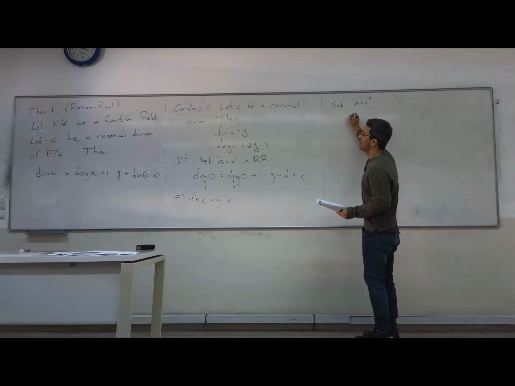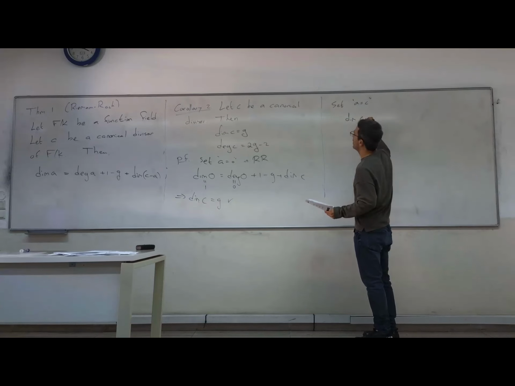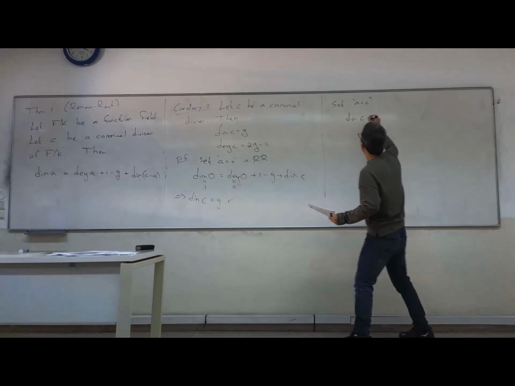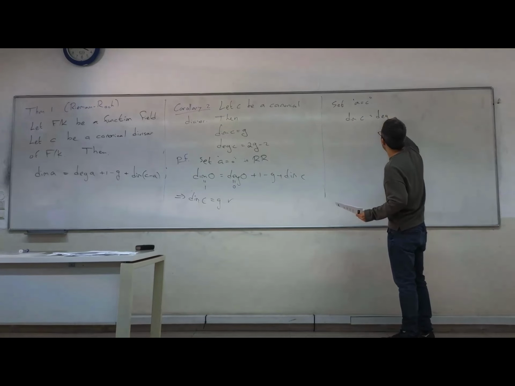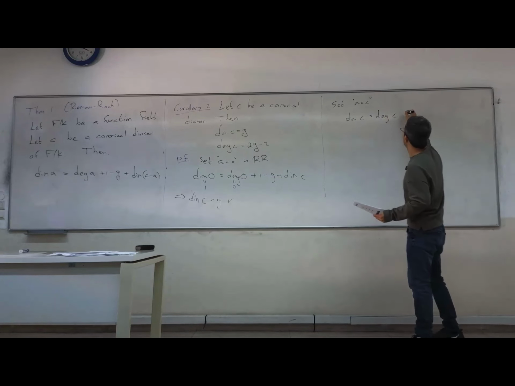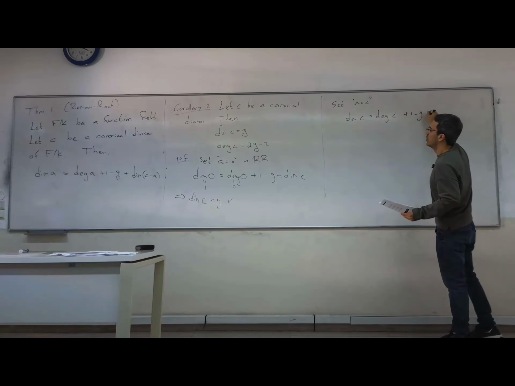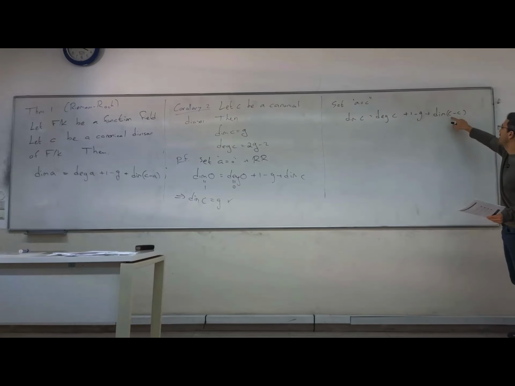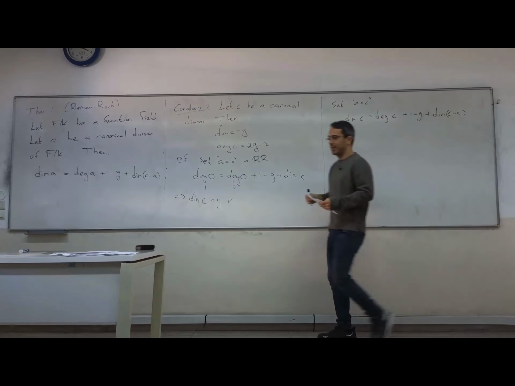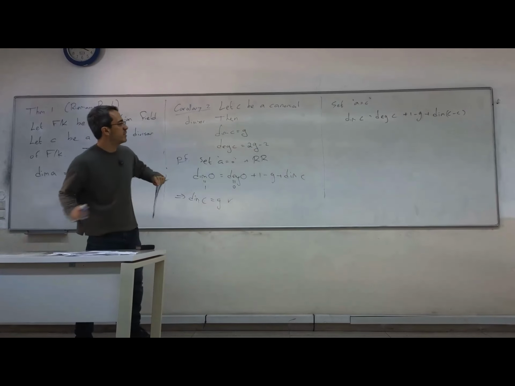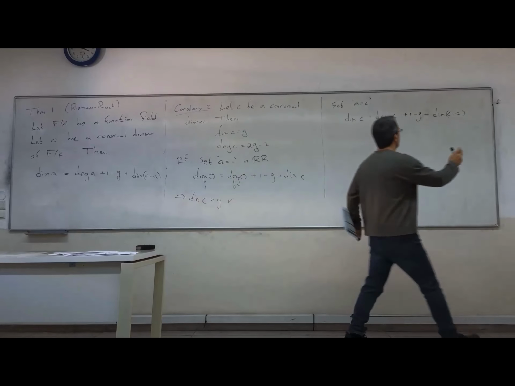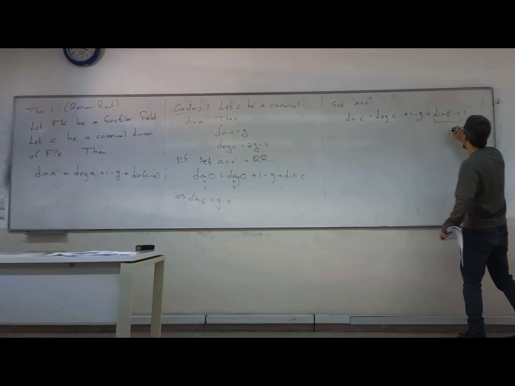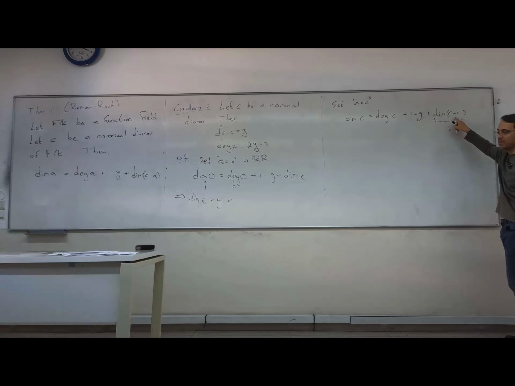You get that the dimension of C equals the degree of C, which is what I want, plus 1 minus G, plus the dimension of C minus C, which is the 0 divisor. We know that the dimension of C minus C is 1, because that's the dimension of the 0 divisor.